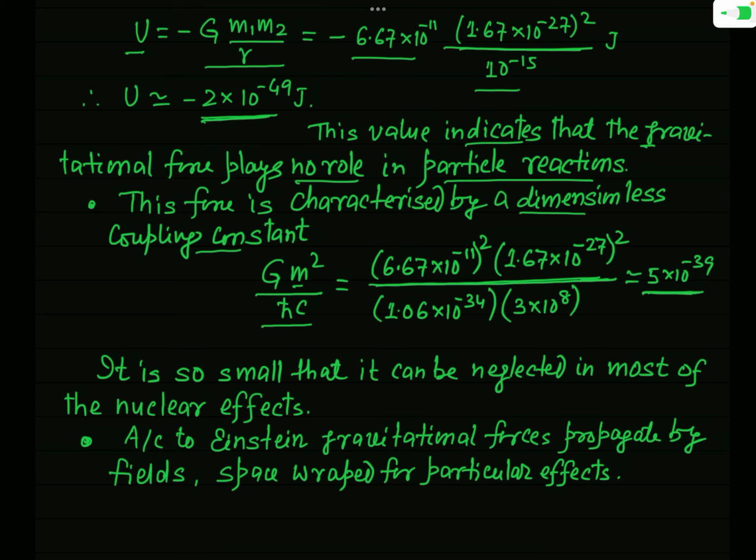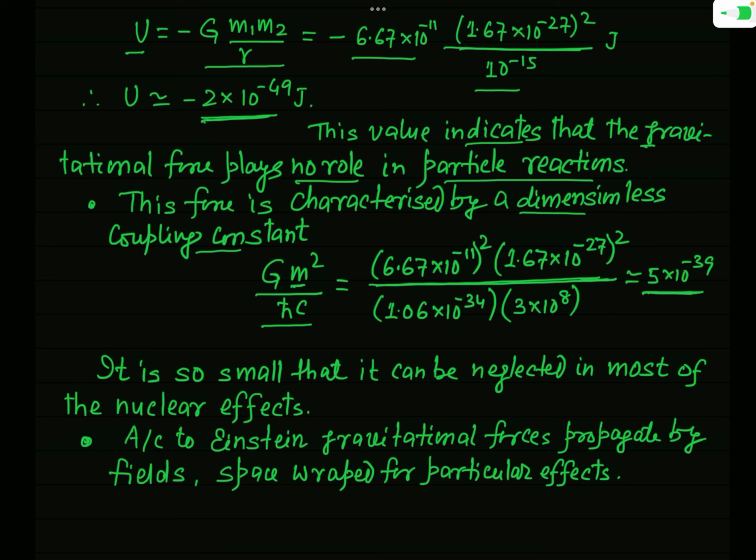So we simply say that in the case of nuclear interaction, remember here the mass of nucleons has been taken. It means you are talking about the coupling constant for gravitational interaction in the case of nuclear phenomena, not in the case of galaxy formation or the gravitational force between two planets.